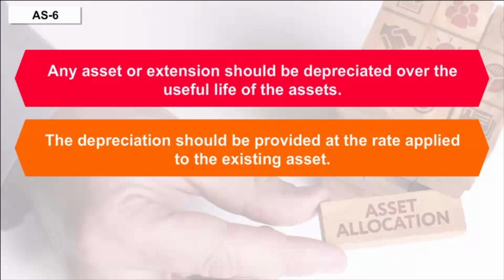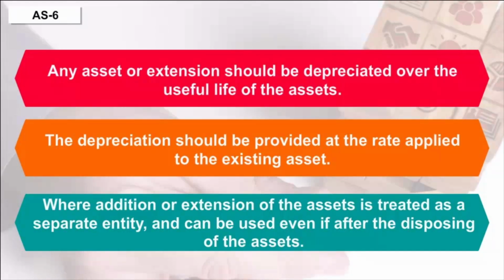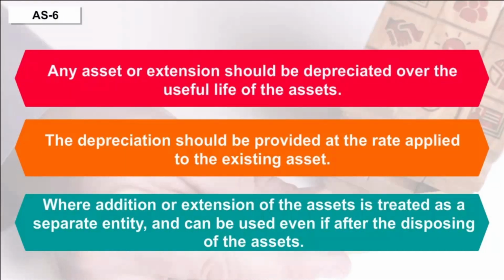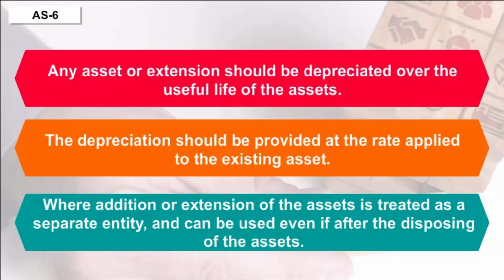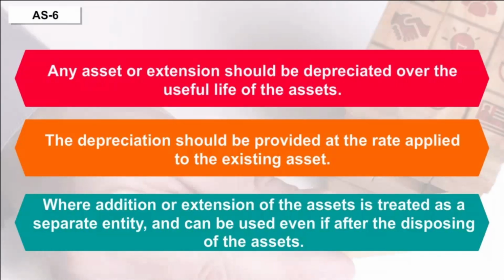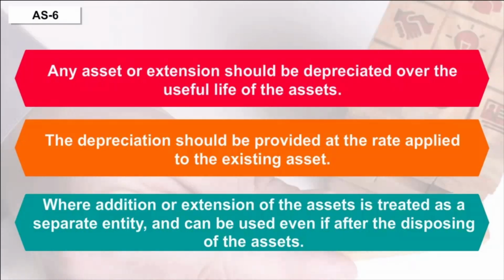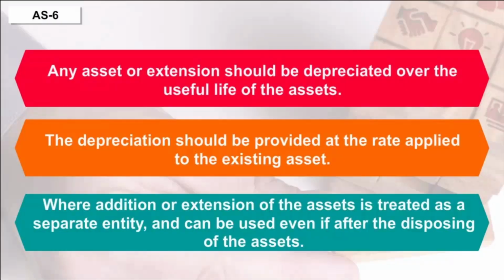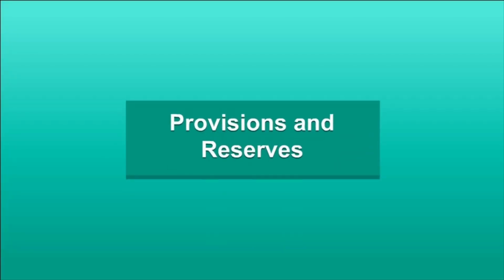Provisions and reserves. What is a provision? Provision is an arrangement that is made for the expenses and losses of the current accounting period, but the exact amount of which is not known because they are not yet incurred.